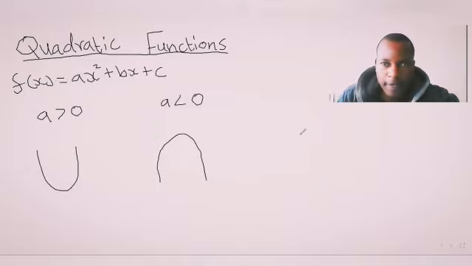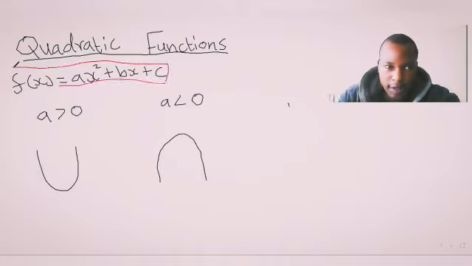Now, I want us to again shift focus to functions, and I want us to start off with the quadratic function. Remember that the quadratic function has the general form f(x) = ax² + bx + c.